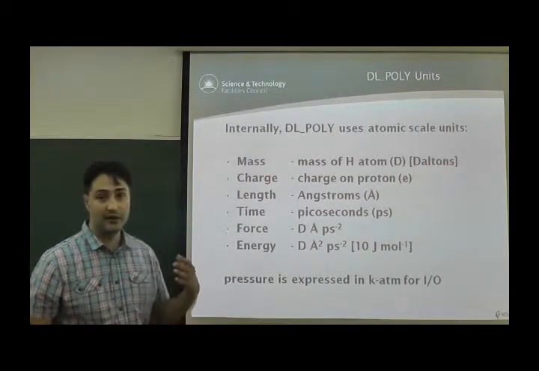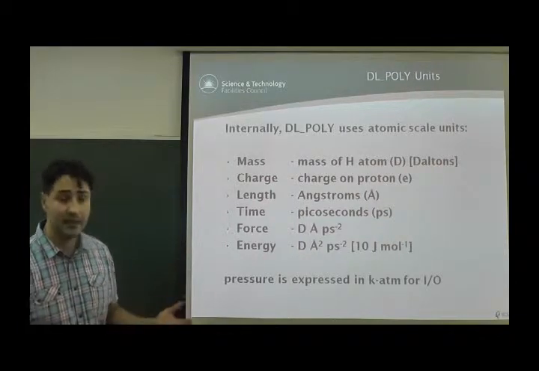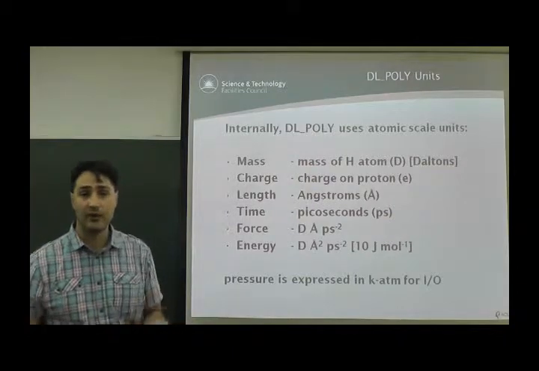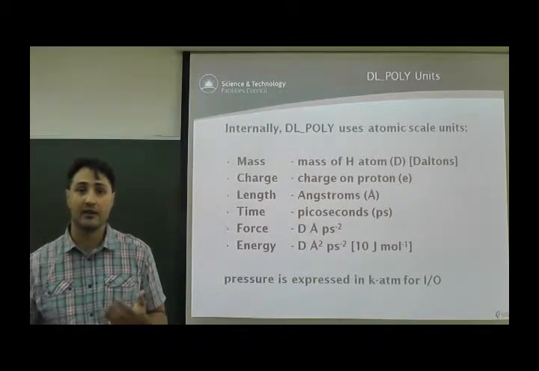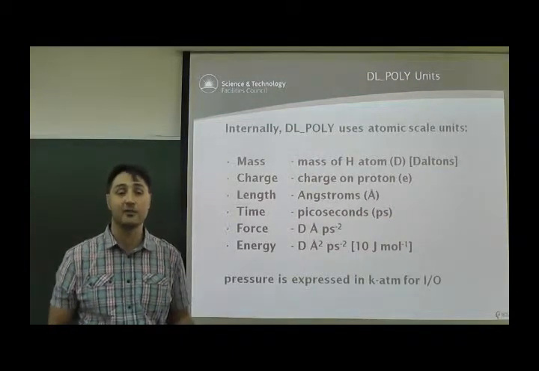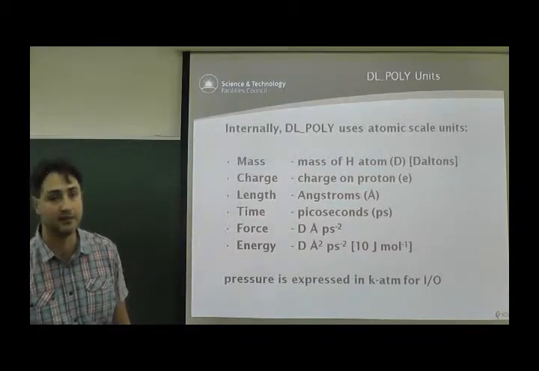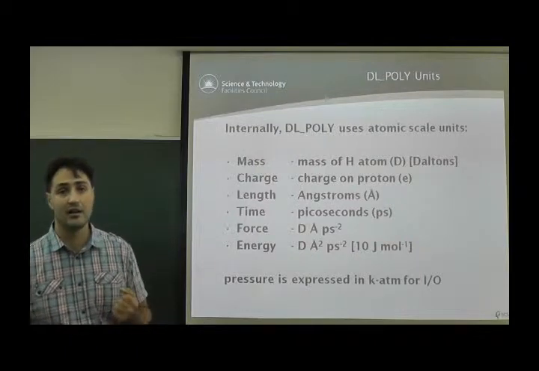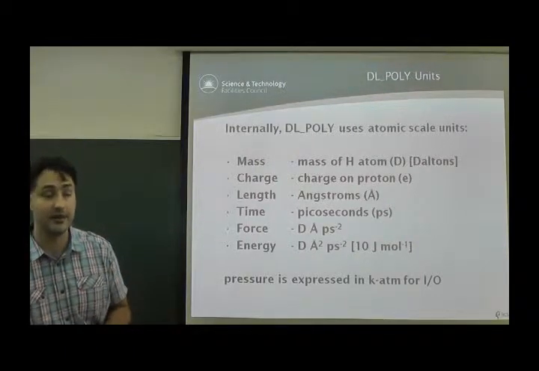Before we continue with some examples of what these files look like, we should talk a little bit about what the DL_POLY units are. There are some internal units because we only specify numbers in the files. But these numbers, according to where they occur in the file, mean something, and they bear some physical unit.